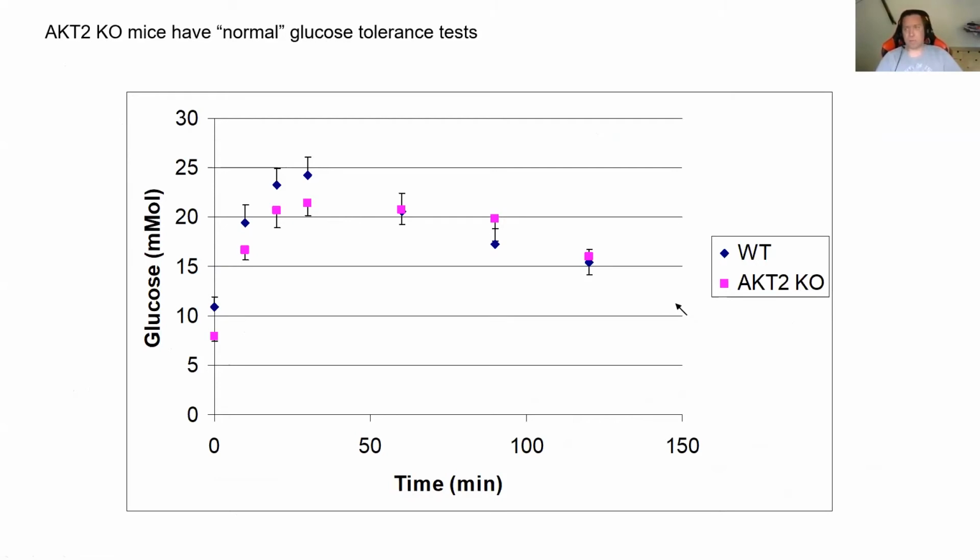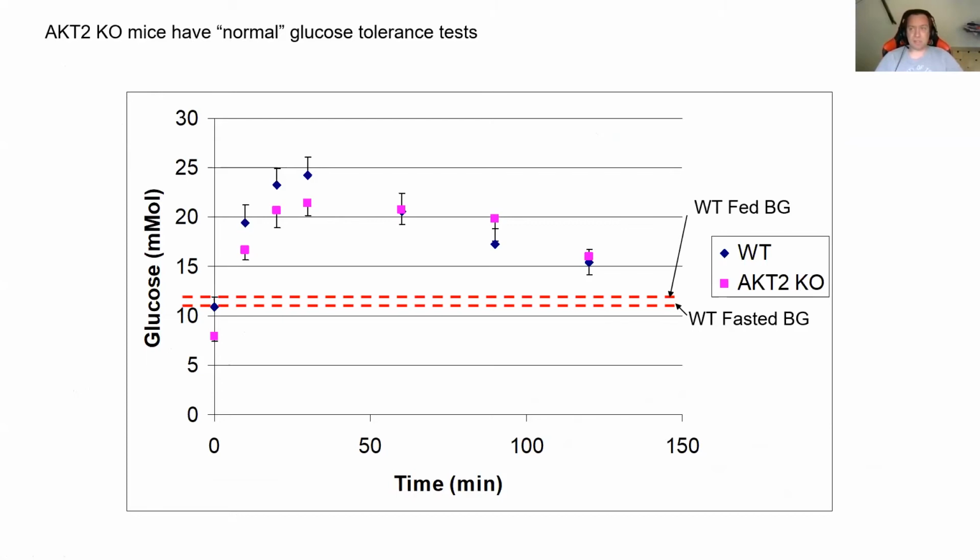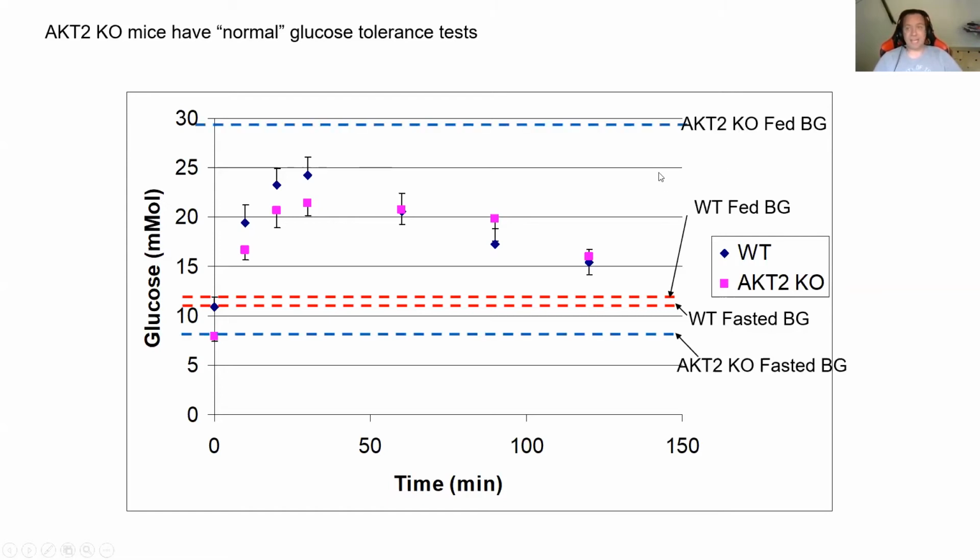And although 1 gram per kilo is the lower end of what gets used in the literature, it's still a relatively powerful challenge in terms of glucose levels in blood, because it is more than doubling the fed blood glucose of a wild-type mouse. But in an AKT2 knockout mouse, as we discussed, you don't even get up to the same levels as you see in the fed state. And you apparently have basically a pretty much normal GTT.